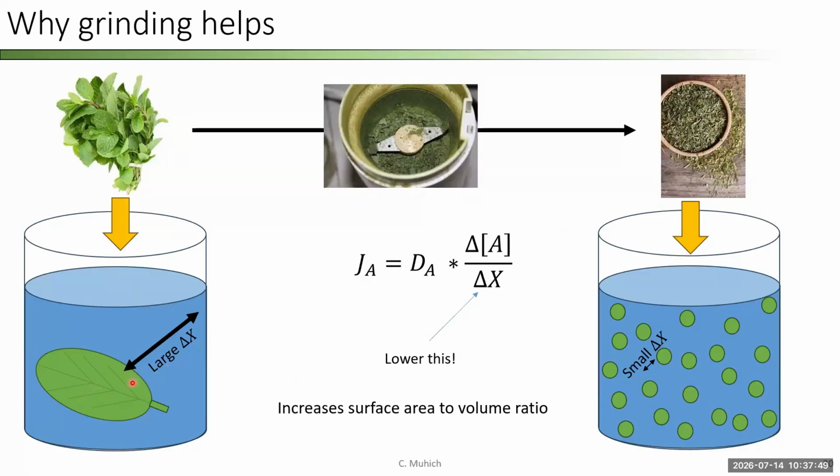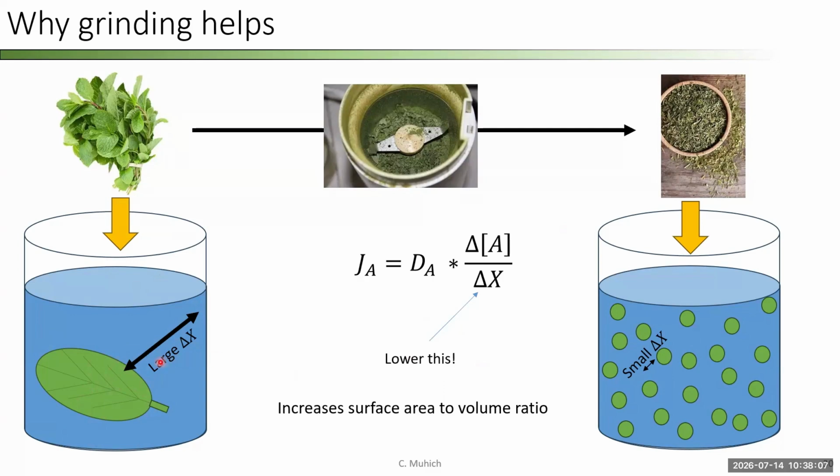Additionally, not only do I have more area through which to move, but if I only have a single leaf sitting at the bottom of this jar, I have a really large distance over which these molecules need to go, where they're the farthest from the leaf as possible.